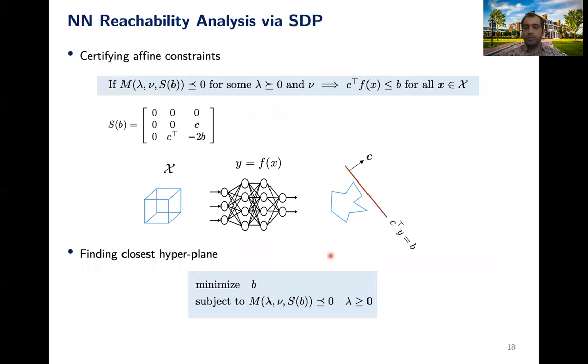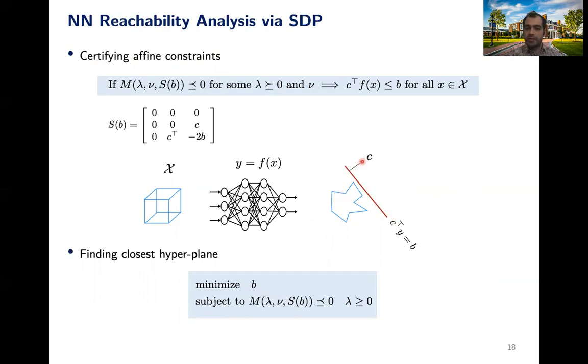So let's see how this LMI result is useful for verification and reachability analysis. Let's suppose that we would like to certify affine constraints on the output of a neural network. This means that for a given input set to the neural network, we would like to verify whether the output of the neural network doesn't intersect a given hyperplane.